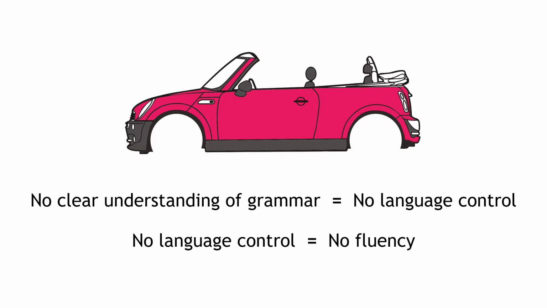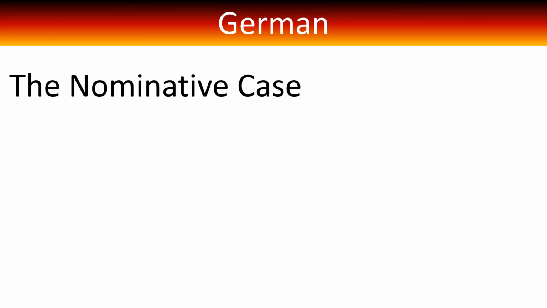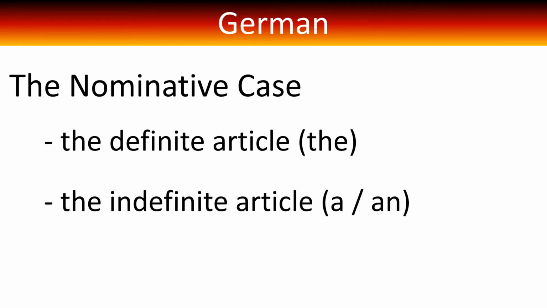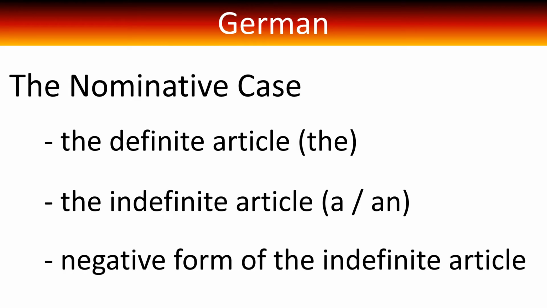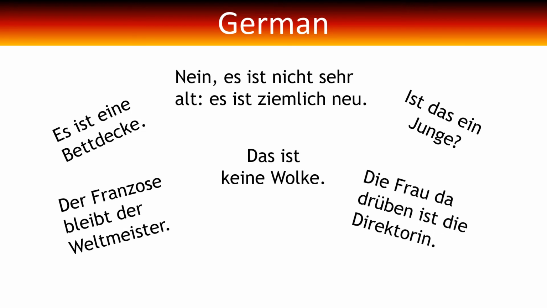As an experienced teacher of German, I'll be giving you an introduction in this video to the use of the nominative case, with a particular focus on the definite article, the indefinite article, and the negative form of the indefinite article. After working through this lesson, you will understand sentences like these, and you will have completed an important step towards understanding the structure of German.